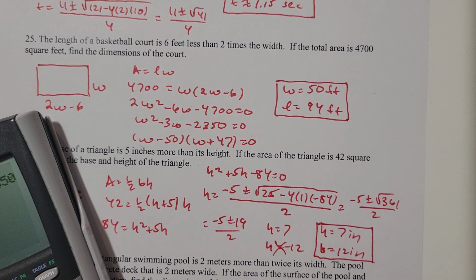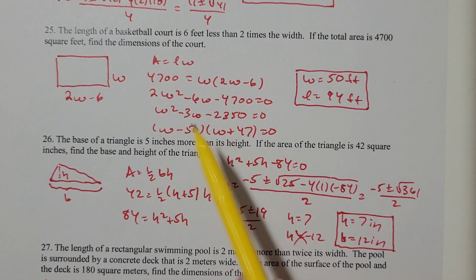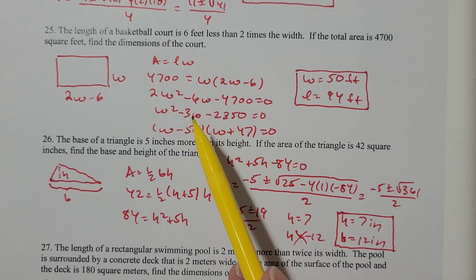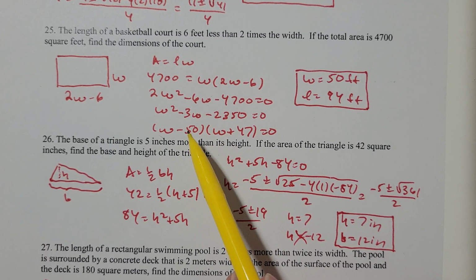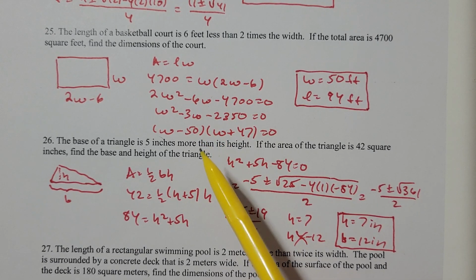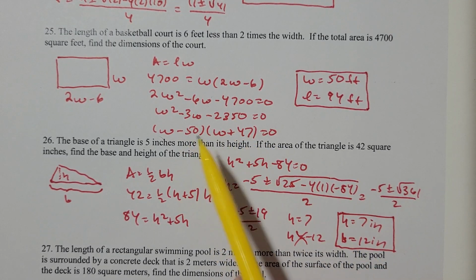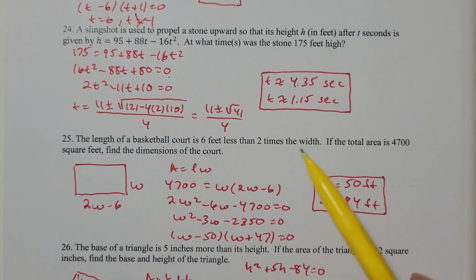And if we have a minus and a plus there, w times w is w squared, 47w minus 50w is minus 3w, and then minus 50 times 47 is 2,350. Now, not everyone's going to see how it factors. So what do you do if you don't see this? Well, I'm using the quadratic formula, right? So there's always a way out.